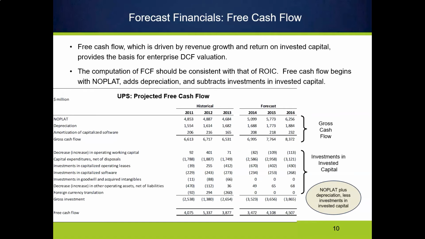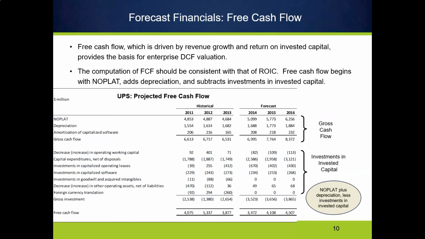All right. Now, again, I can link you to the lectures from the intro if free cash flow is not ringing a bell. We'll talk about it some more, but free cash flow is gross cash flow minus any investment in invested capital. Now, the way that you may have heard this formula in the introduction class is as operating cash flow minus your change in net working capital minus your net capital spending.